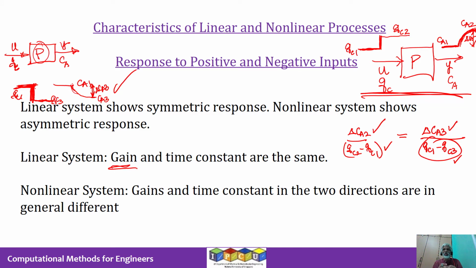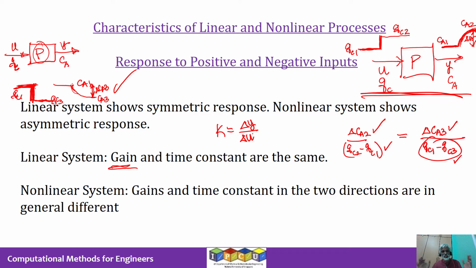We are not concerned about when things happen. We are just interested in how much change is there, right? So based on that, we have this concept of gain. So gain is nothing but the change in the output divided by the change in the input. So for a linear system, whether you perturb it in the positive direction or in the negative direction, this gain will turn out to be the same.